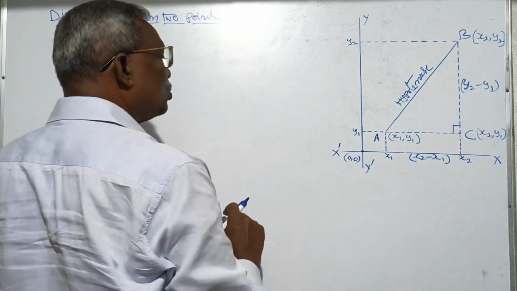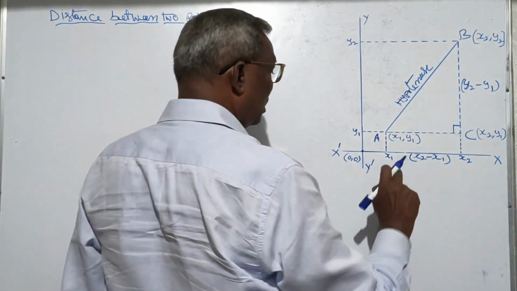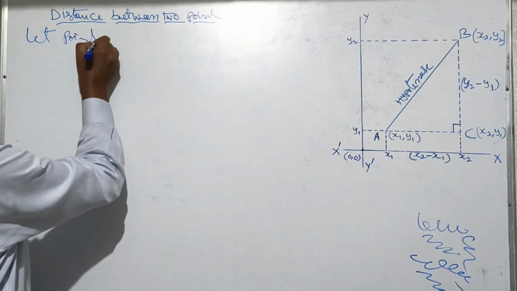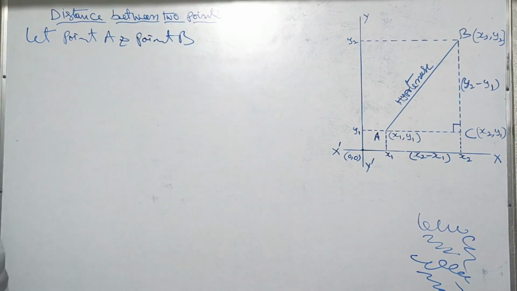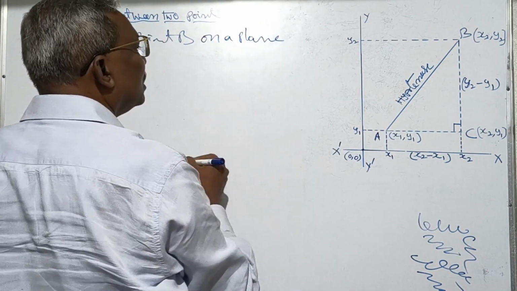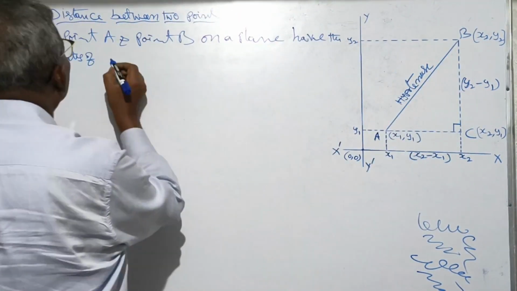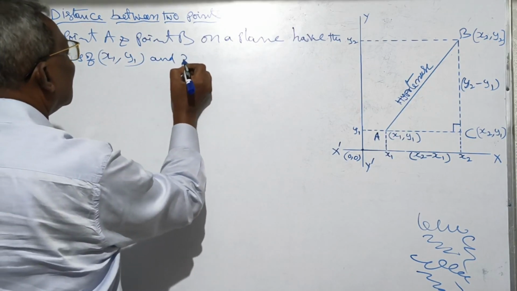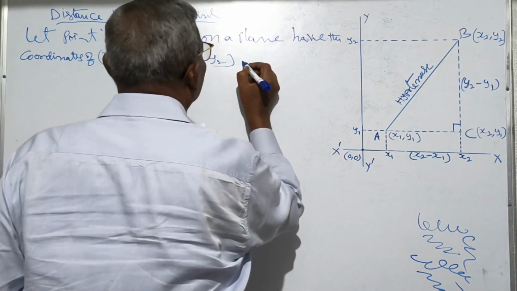That is the distance between the 2 points, the distance between point A and point B. Let point A and point B on a plane have the coordinates x1, y1 and x2, y2 respectively.